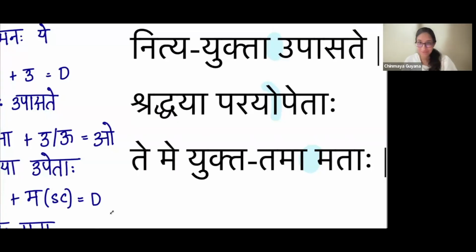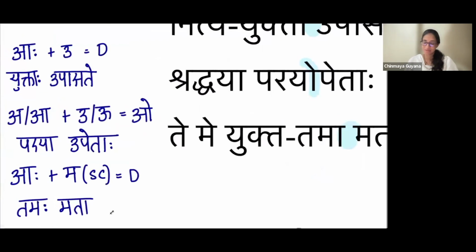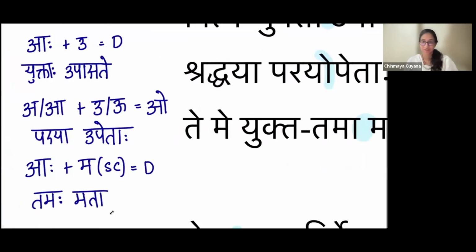The space should bring joy. It's just a visarga. Tamaha, mataha. You'll see the rule there. Aha plus ma, soft consonant, equals dropped. So your original word will be tamaha, mataha. Cool?